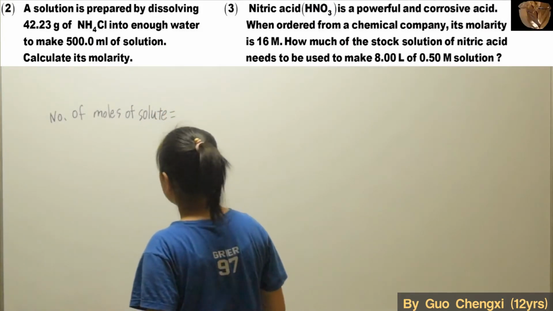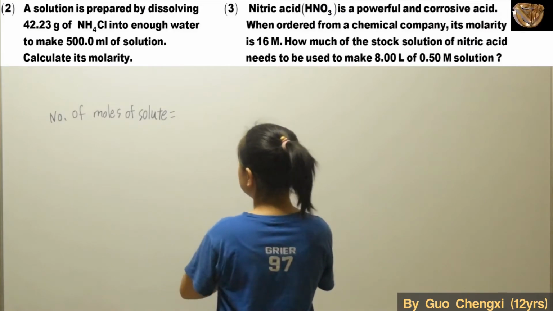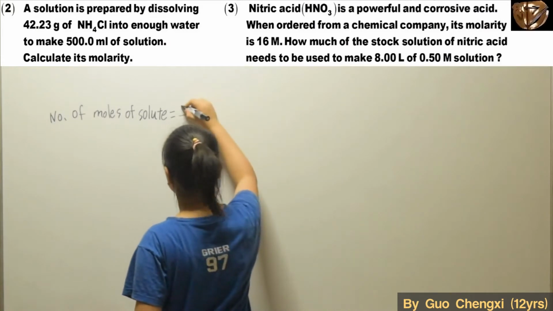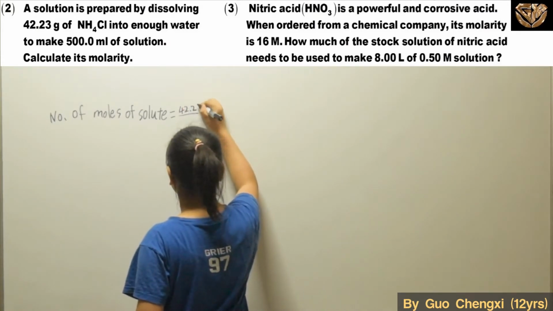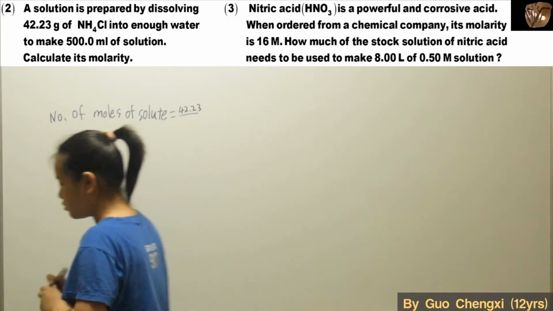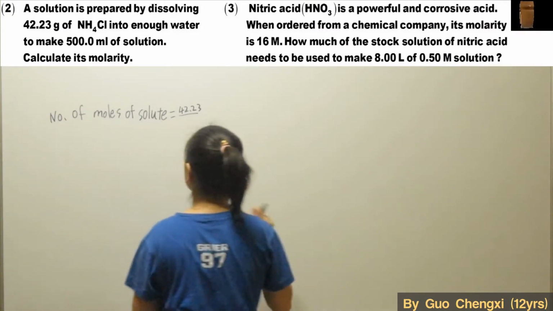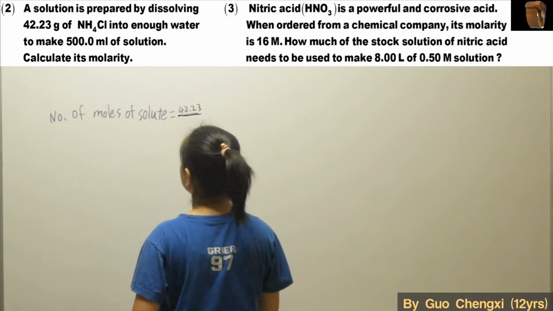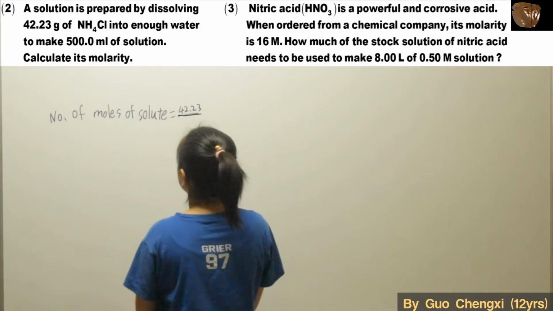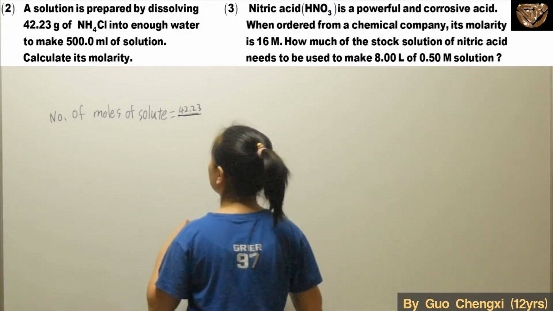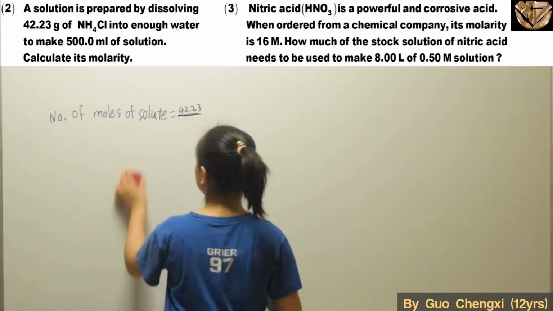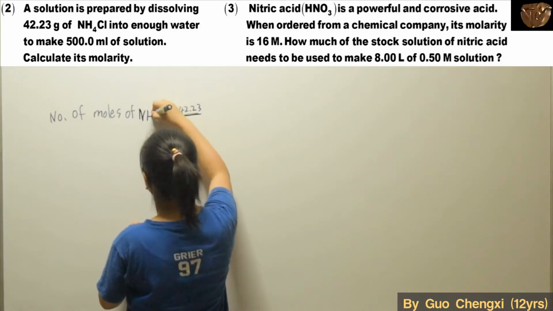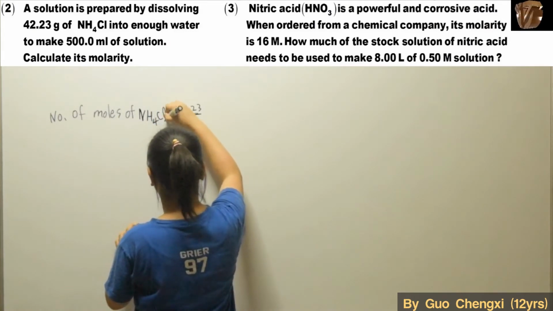In order to find it, it is basically the mass of the solute, which is 42.23 grams in this case, over the molar mass of NH4Cl. Instead of just putting solute, you can straight up put NH4Cl.